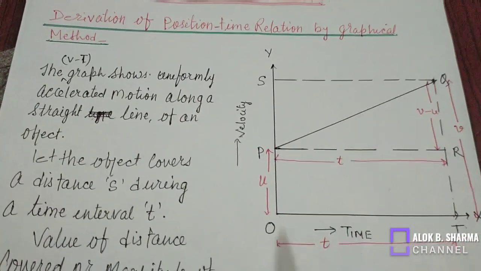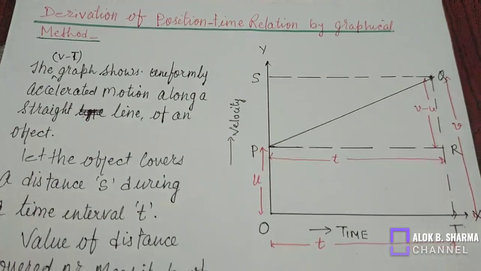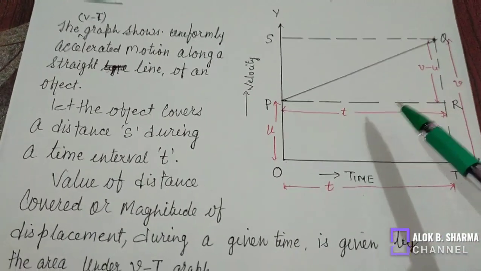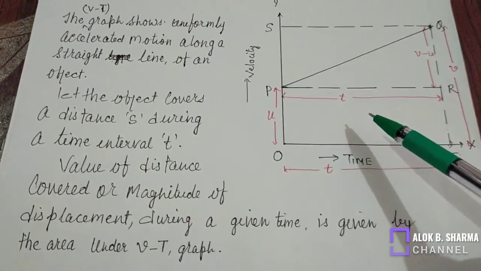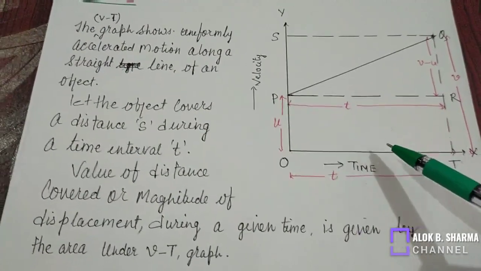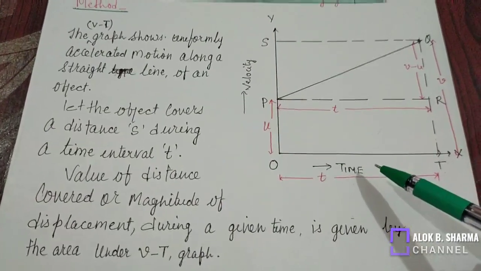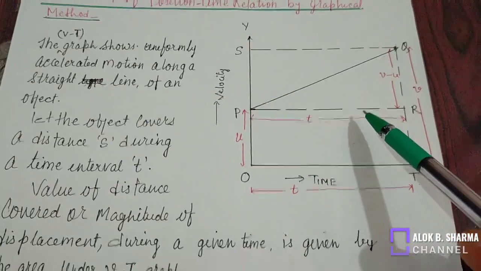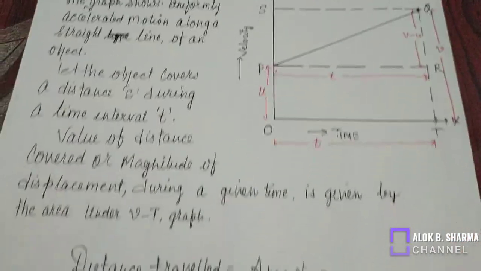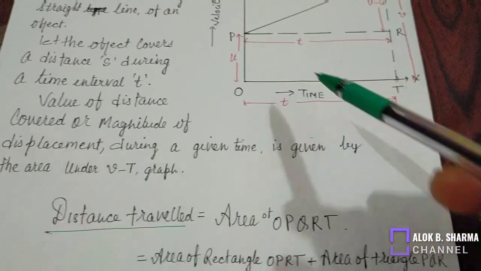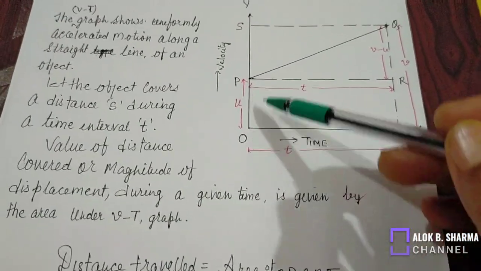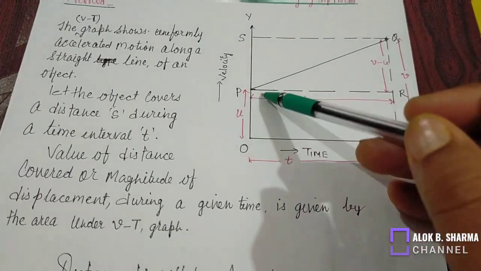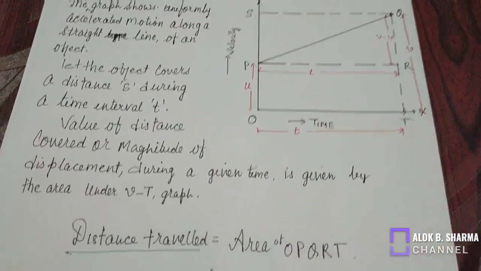The distance covered, or magnitude of displacement, during a given time is given by the area under the velocity time graph. So distance travelled equals the area of OPQRT. I repeat, the distance is the area of OPQRT. This is the area under the graph.